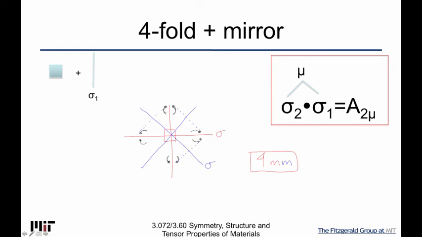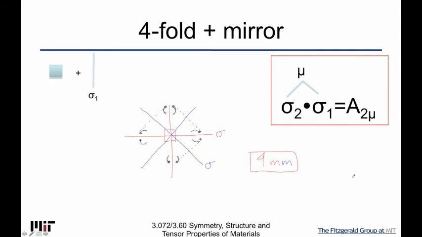If I have a rotation and I have a sigma, it automatically can induce that one. Or vice versa, if I had created two mirror planes and then threw in a fourfold axis, this theorem would tell me the uniqueness between sigma 1 and sigma 2.